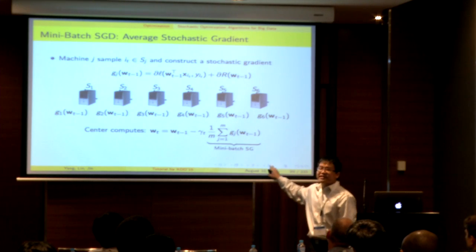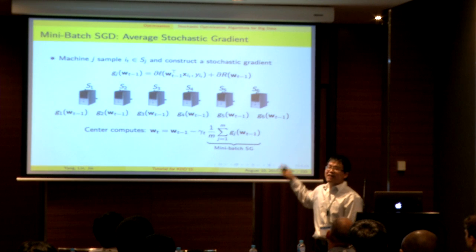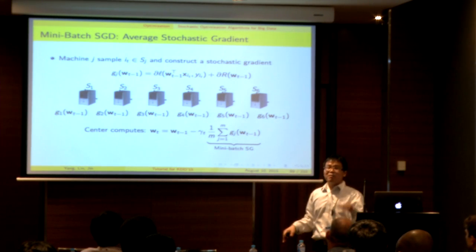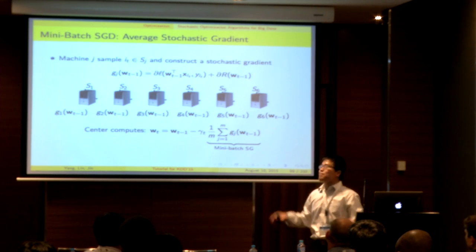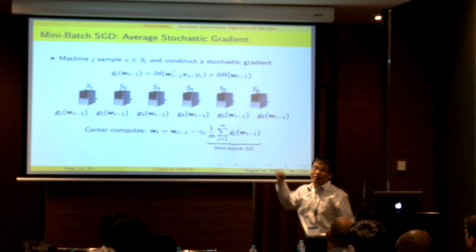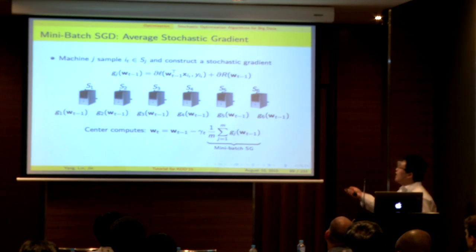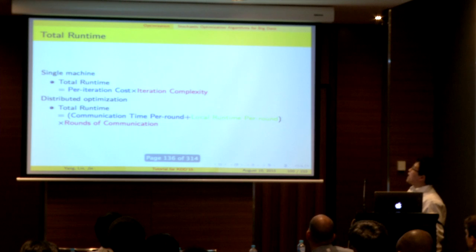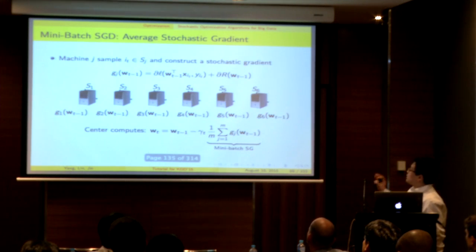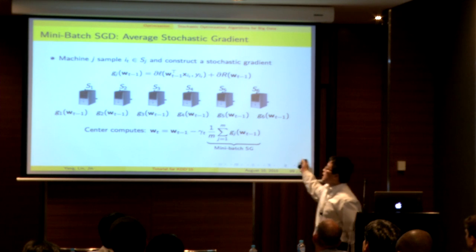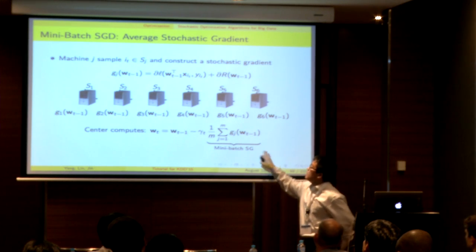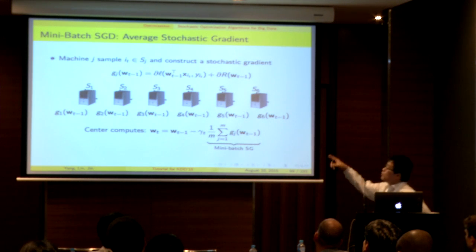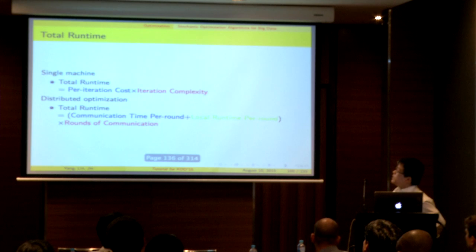This is exactly the idea here. With M machines, you have more data to sample in parallel. You don't pay more parallel runtime, but you really reduce the noise in the stochastic gradients. Then when you run this algorithm, you end up with a convergence guarantee, and it is exactly the same as the convergence guarantee of stochastic gradient descent, because the outer loop is exactly stochastic gradient.